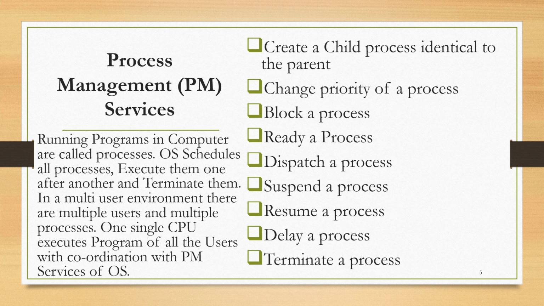Change priority of a process, block a process, ready for execution. Block a process means stop the processing. Dispatch a process, suspend a process, resume a process, delay a process. Finally, it terminates a process. These are the jobs done by the process management service of OS. We'll see all these things in detail subsequently.